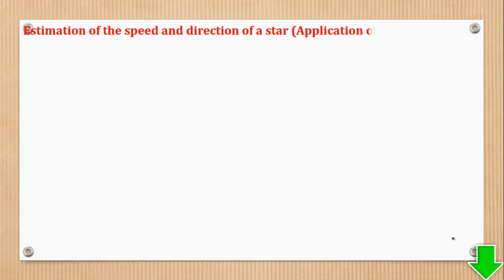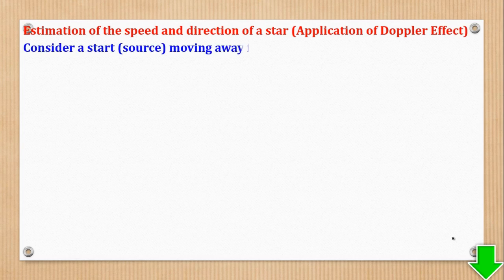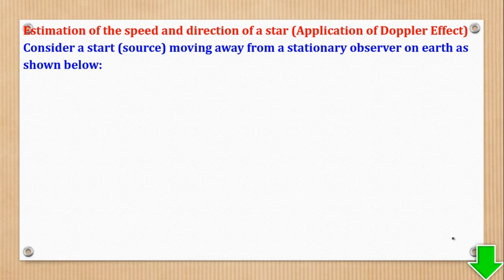So now we shall go to estimation of the speed and direction of a star. That is an application of Doppler effect. So we shall need to derive a formula which will be used. One, we shall consider a star moving away from a stationary observer on Earth, as shown below.